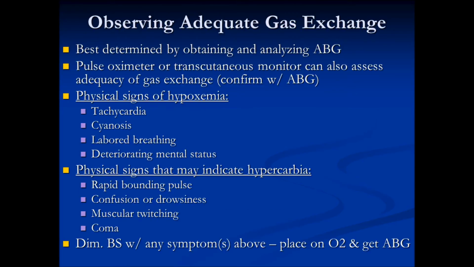Now, in order to observe adequate gas exchange, the best way to do that, of course, is to obtain and analyze an ABG. However, in the neonatal and pediatric community, we utilize a lot of pulse oximetry and transcutaneous monitoring to decrease the amount of times that we are sticking the patient, because it's not as easy getting ABGs from a child or a pediatric patient because they don't actually cooperate as well as adults.